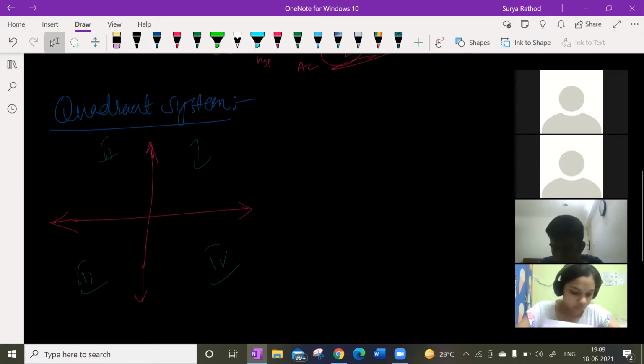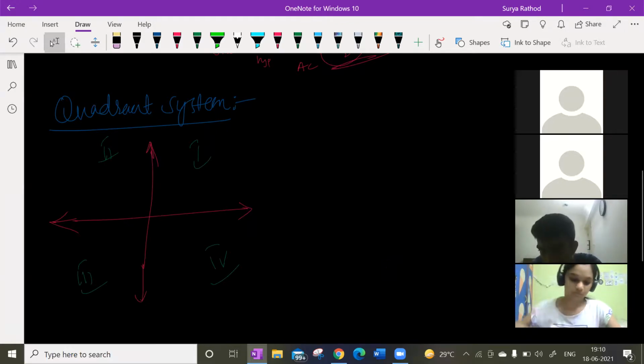It consists of the x-axis and y-axis, with negative numbers and positive numbers, consisting of x and y in a plane.